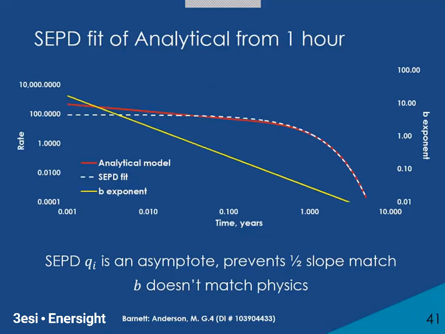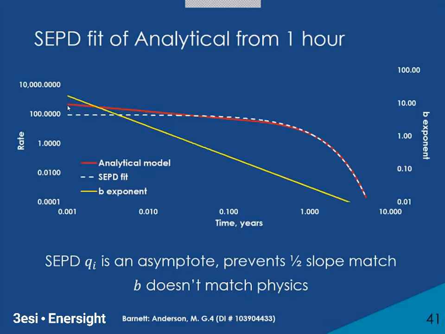So let's go back to Fulford's analytical equation for linear flow, and well, linear and boundary dominated flow. So I'll take that analytical solution and I'll start that analytical solution using 1 hour of data. So there's 1 hour of data, and the red line is the 1 hour of data.